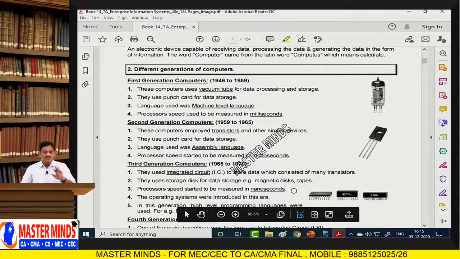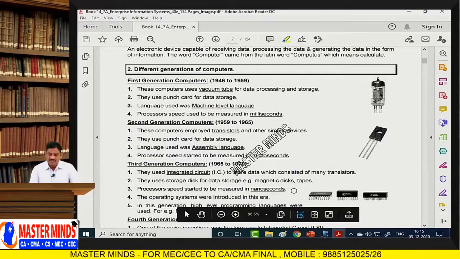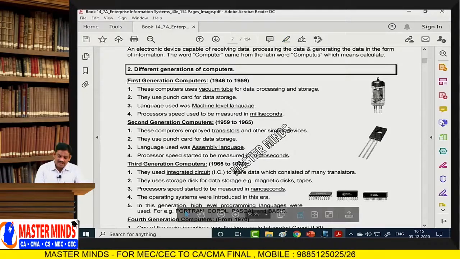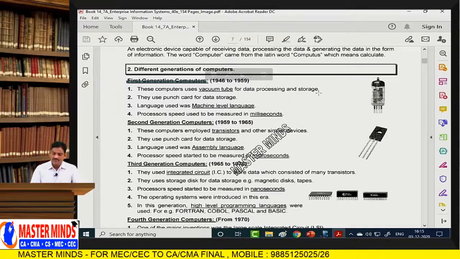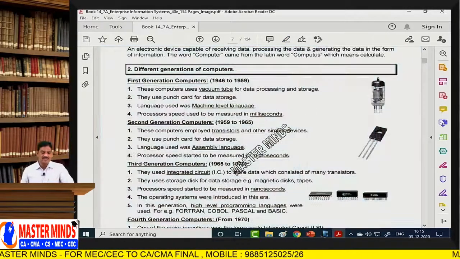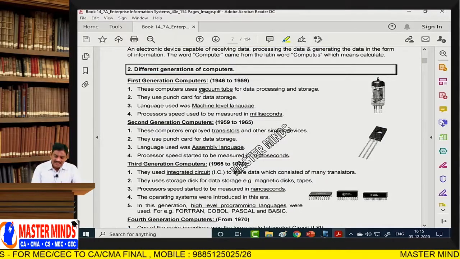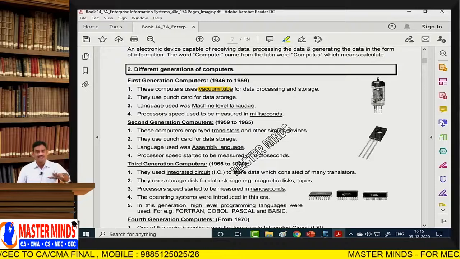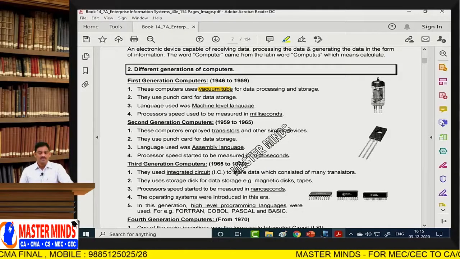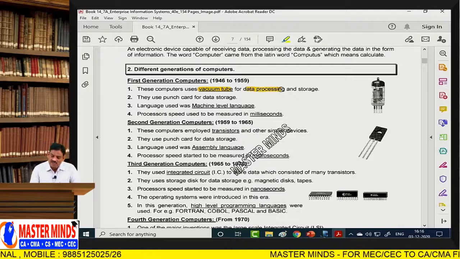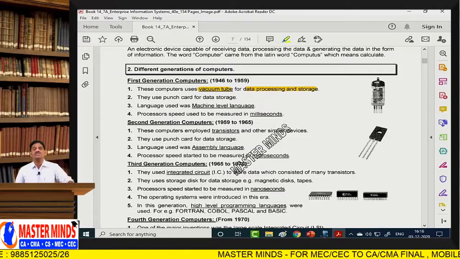So listen, generations of computer. Here we have the first generation of computers. How does it work? These computers use vacuum tubes. A vacuum tube is nothing but a form of glass tube. For data processing and storage, they used to have punched cards.